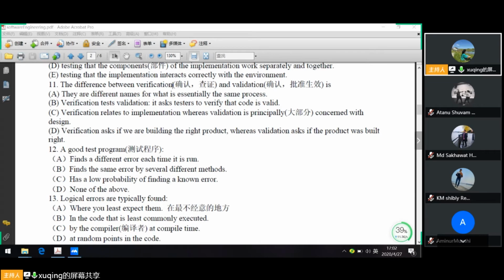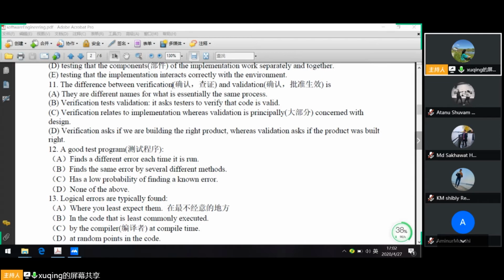For the 11th question, we have talked about it in the 8th chapter, exactly. In the 8th chapter, software testing, we said that for validation, we ask the question, are we building the right product?